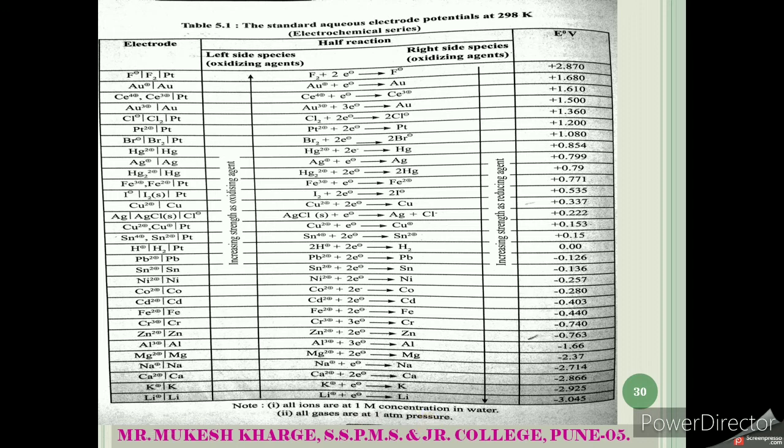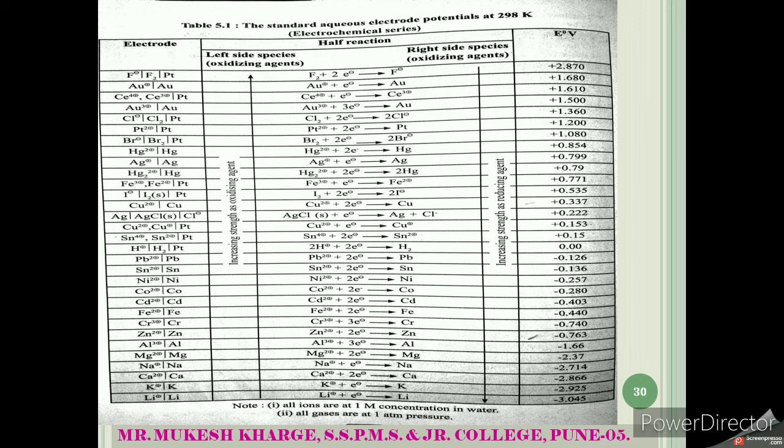So if you observe the details here, let us see the application, and you can easily understand how these electrodes are arranged with the help of their standard reduction potential or SRP value.